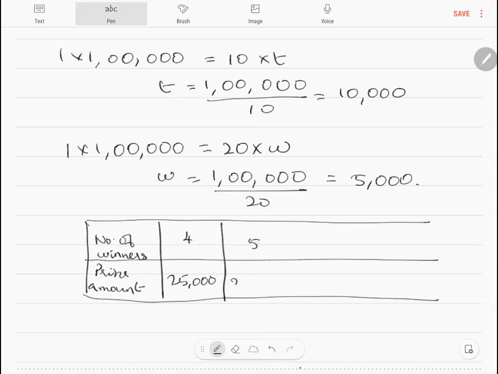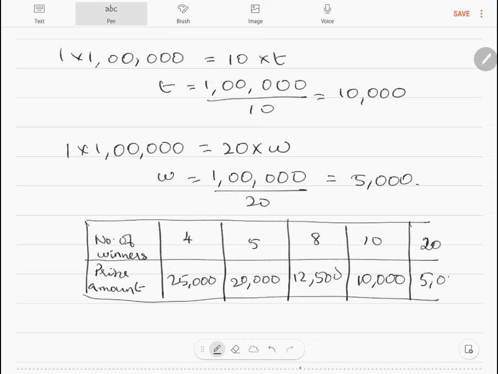For 5 it is 20,000. For 8 it is 12,500. For 10 it is 10,000. For 20 it is 5,000. So hence we have completed the table.